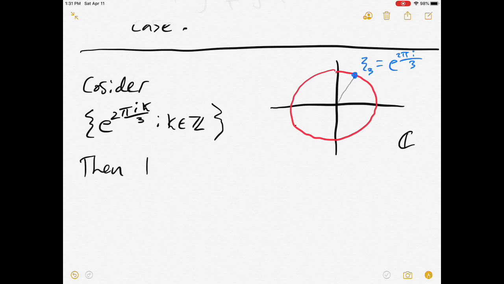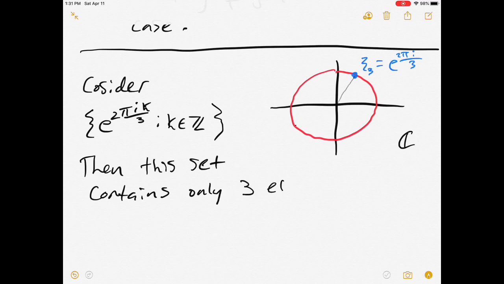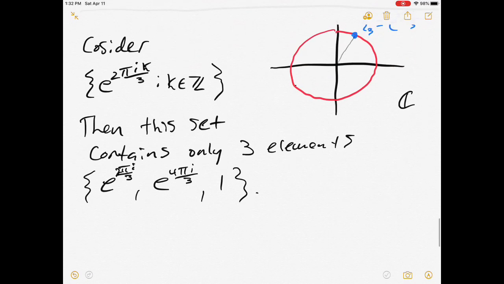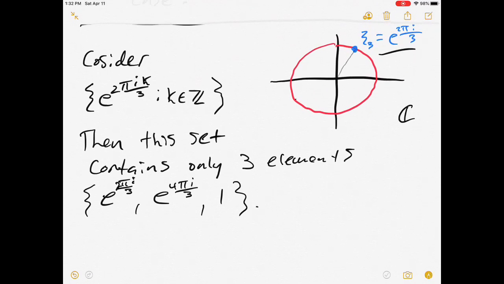Then the set contains only 3 elements. Namely, e to the 2 pi i over 3, e to the 4 pi i over 3, and 1. But with our notation from above, we can write this as zeta, zeta squared, and 1.